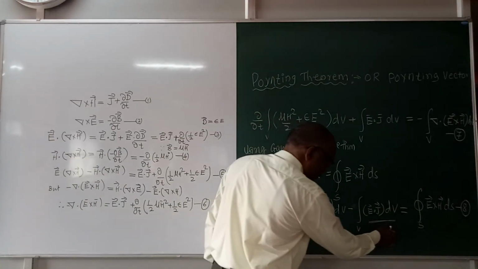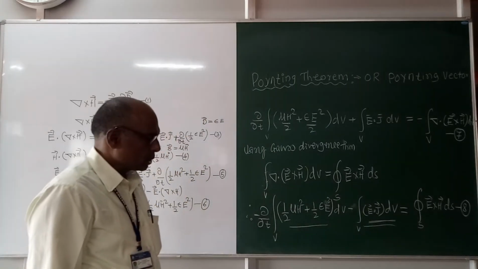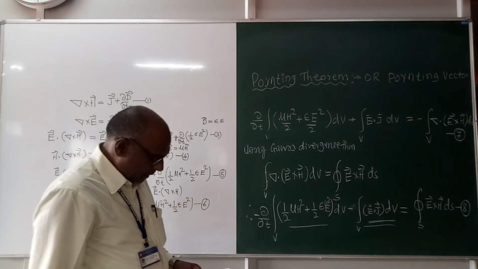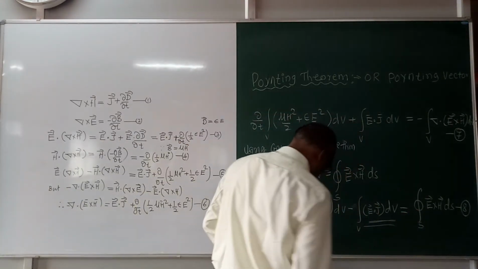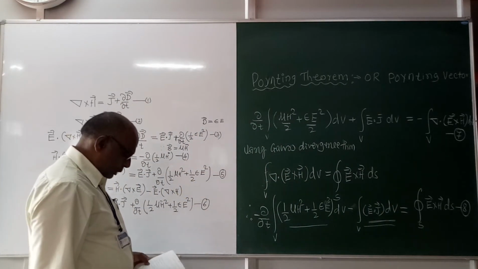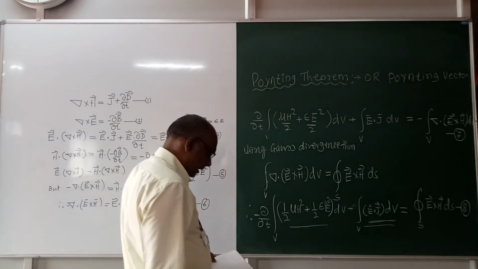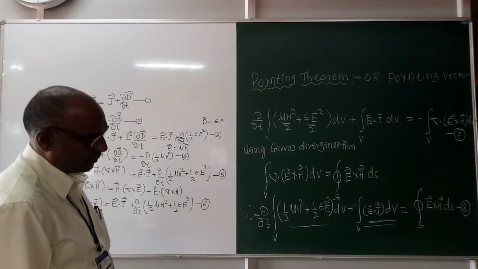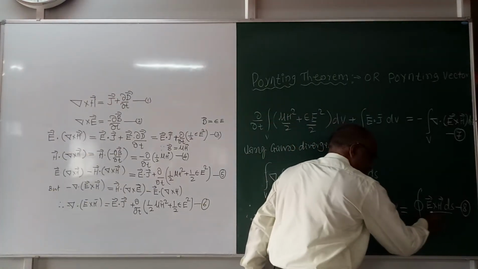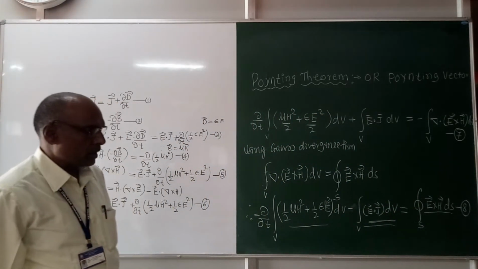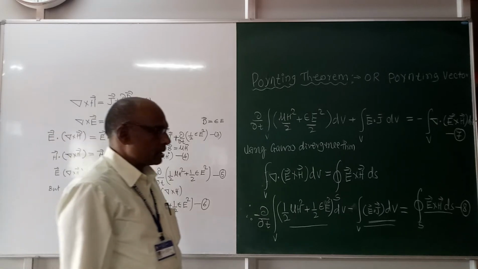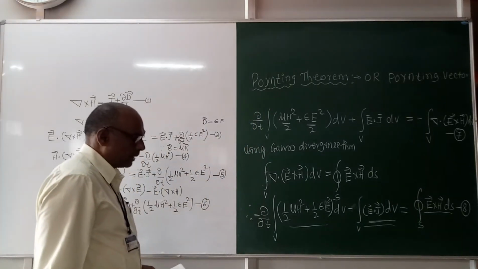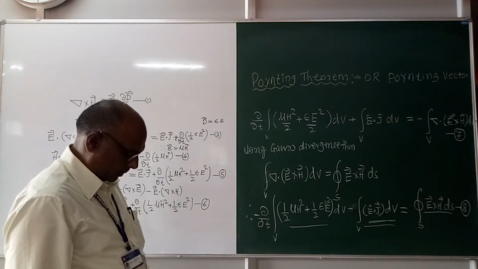And this is equal to the RHS term, which represents the rate of flow of energy over the surface S, the wall enclosing volume V.